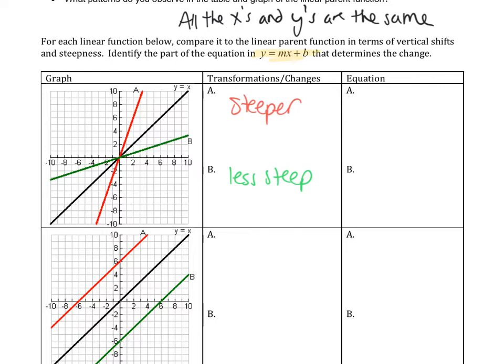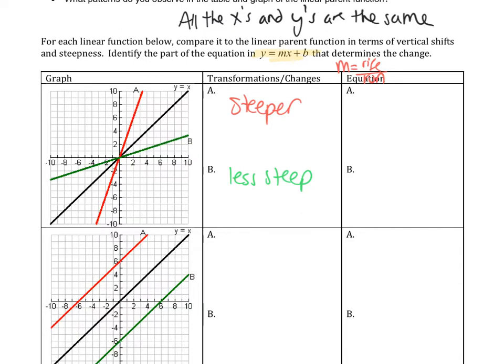So for the steeper line A, we have to write the equation of that line. When you're writing equations of a line, recall that you have to find the slope because you've got to make it y equals mx plus b. Remember slope is rise over run, so you have to find how many it went up and how many it went across.